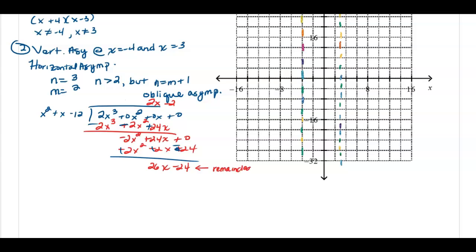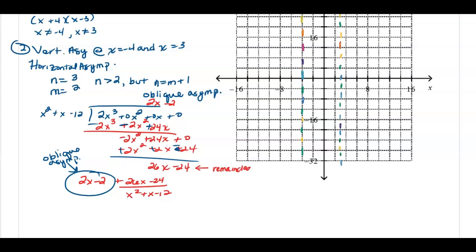However, our quotient is 2x minus 2 plus our remainder 26x minus 24 over x squared plus x minus 12. So this right here is our oblique asymptote, which follows slope-intercept form.